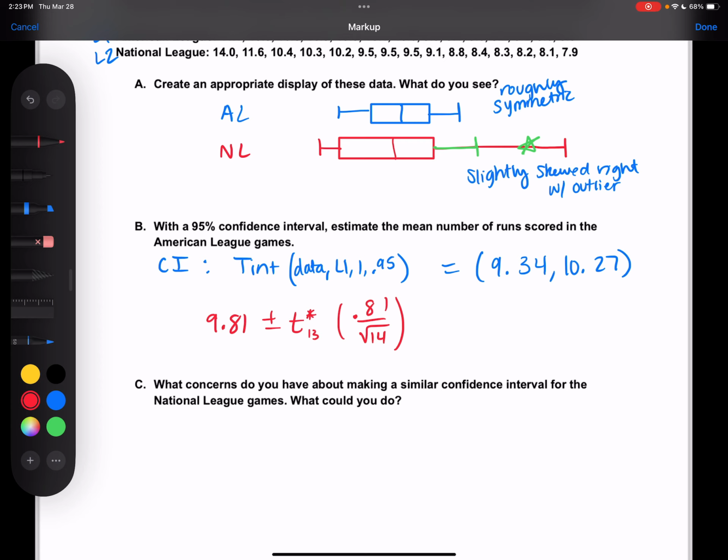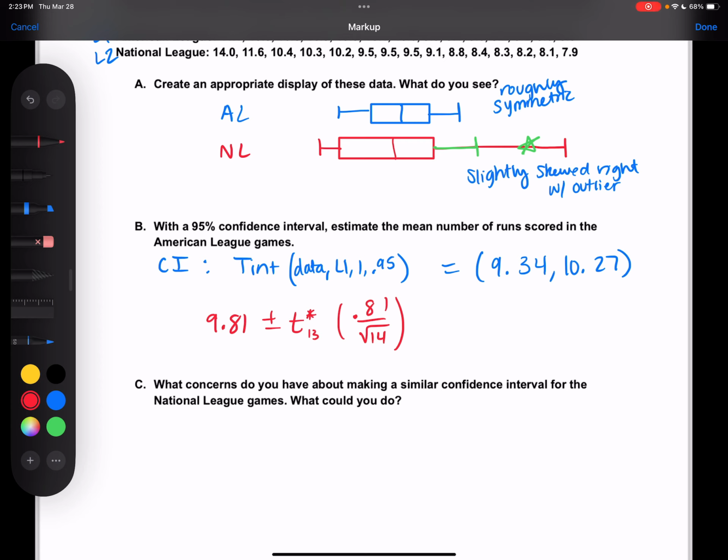What concerns do you have about making a similar confidence interval for National League games? It's super skewed, and there are outliers. It's skewed and there are outliers, yes. Because of that, and the fact that my sample size is 16, it might not be big enough, right? That was where we had that in-between, where it might be okay, it might not be okay, because it's so close to that 15 value, from 15 to 40.